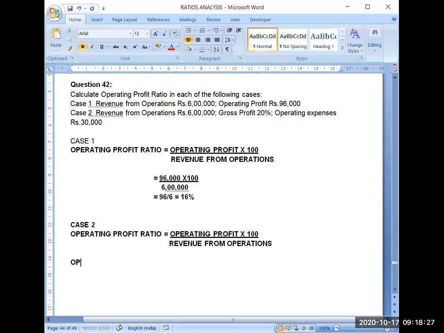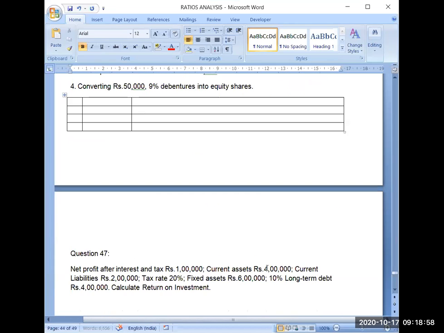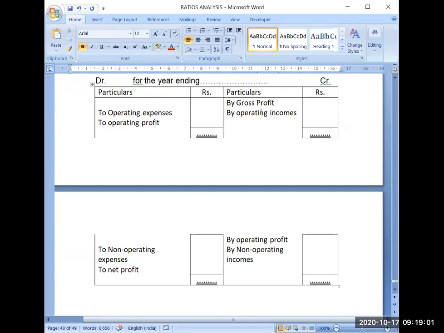So, operating profit is equal to gross profit minus operating expenses. Gross profit minus operating expenses. If you feel any difficulty in recalling the formula, you can see your statement of profit and loss, and you will easily know gross profit minus operating expenses will be operating profit.